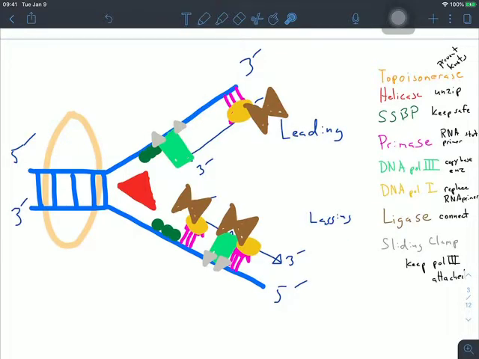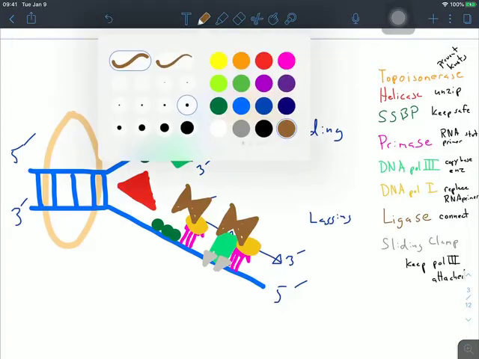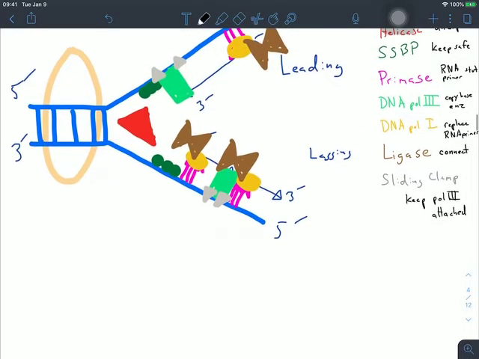Sliding clamps held on, helping hold our DNA polymerase 3 on target and without slipping. And then after polymerase 3 has come through and extended the DNA, we then see DNA polymerase 1 come by and replace those bases, and then ligase coming by to connect all of our disparate DNA molecules.